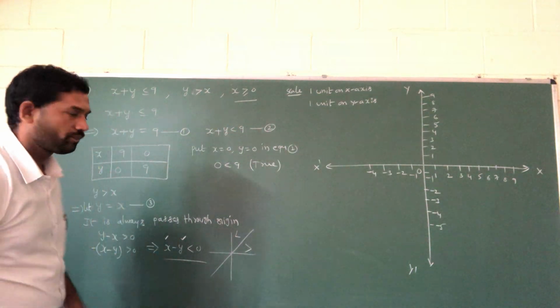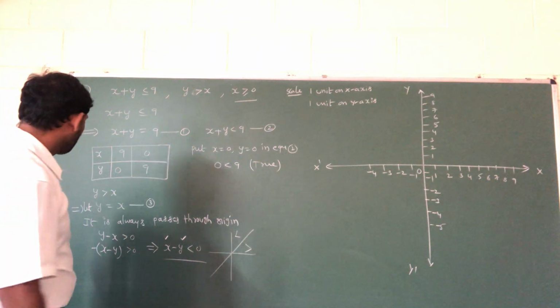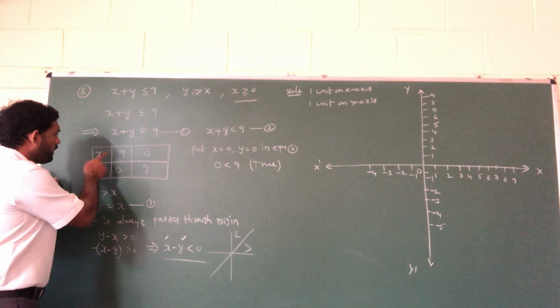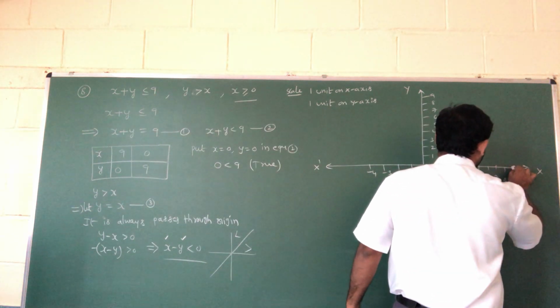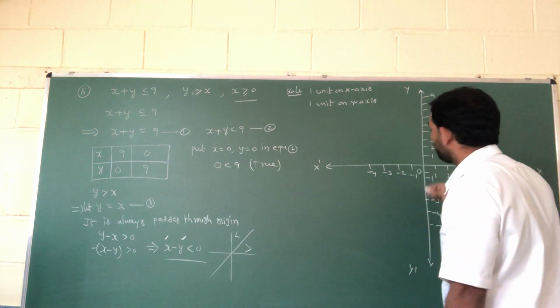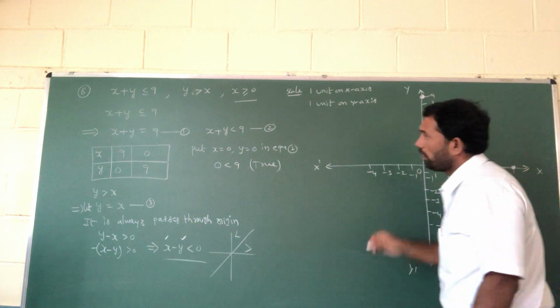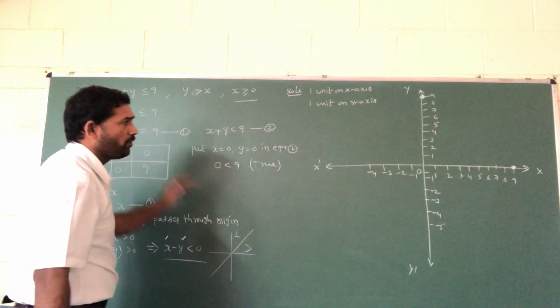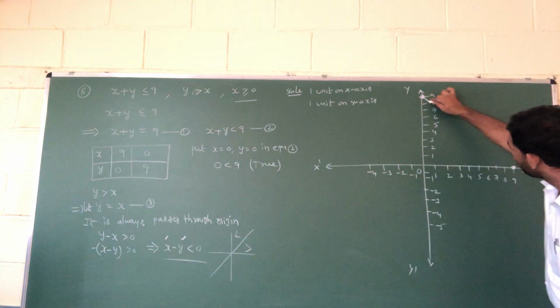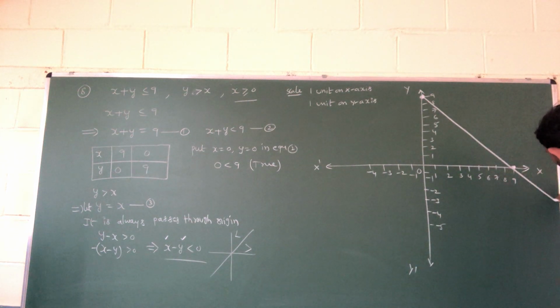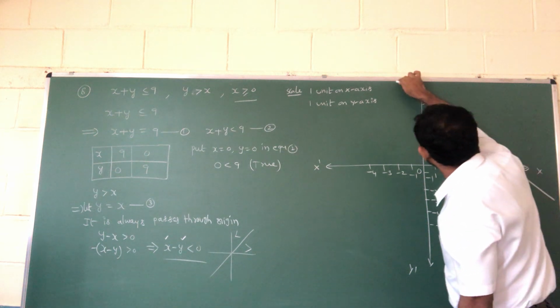Clear this one? Now, first point, x equal to 9, y is equal to 0. X is equal to 9 here. Y is equal to 9 here. So, here less than or equal to means you take a dark line.